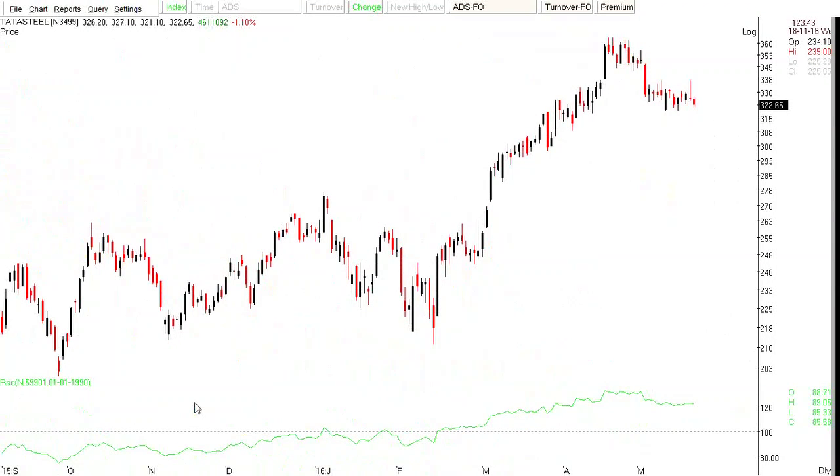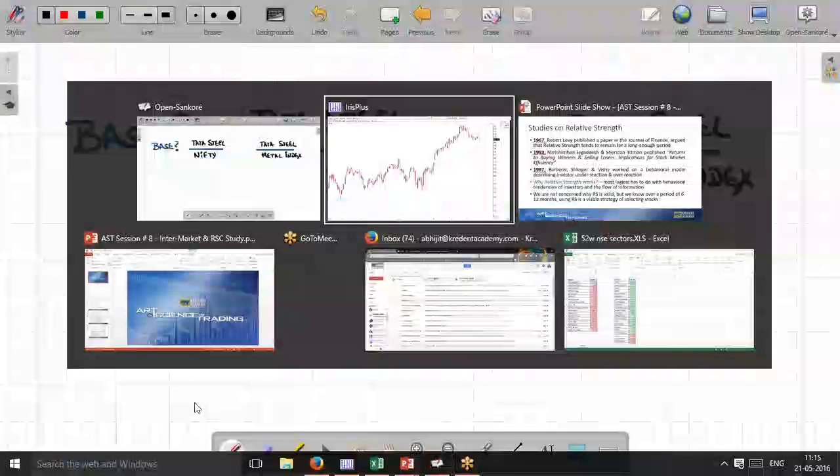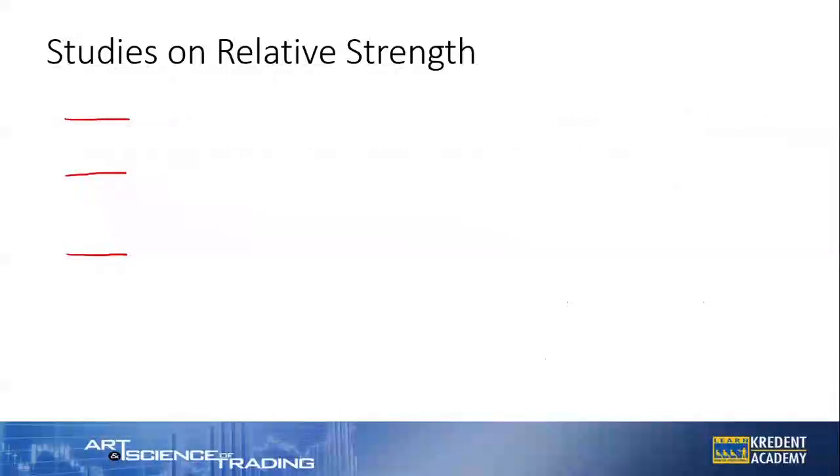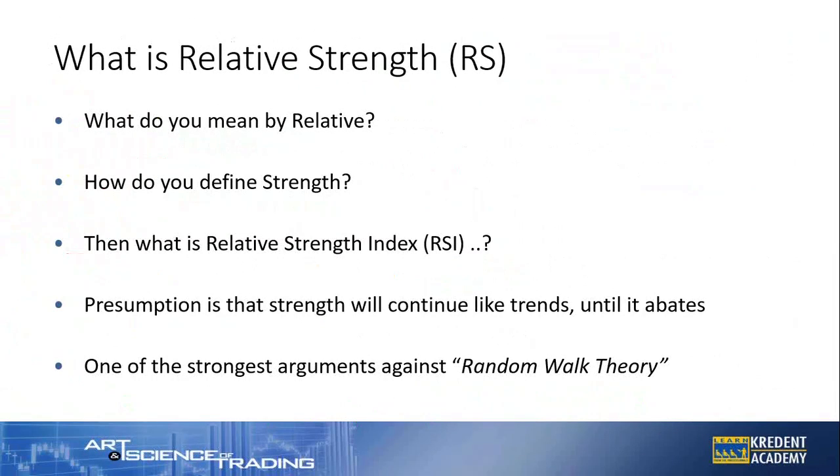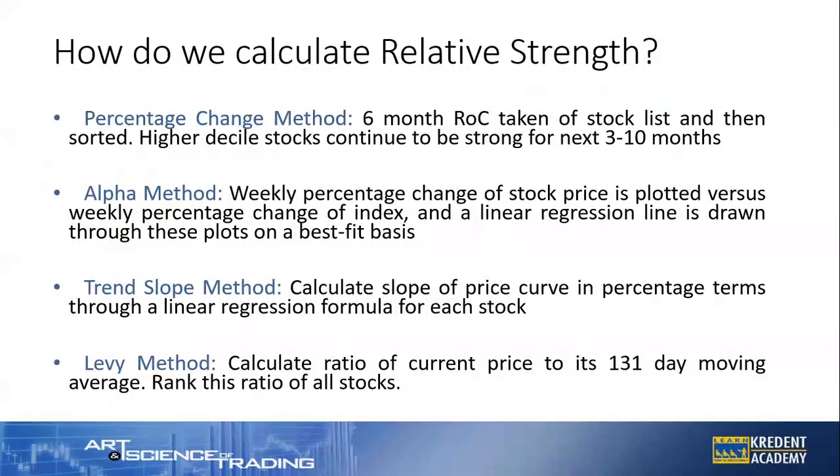Now, this is not a very good way to use the RSC indicator, because the RSC indicator has one big drawback when it comes to its computation. There are various ways, which I'll show you in this slide, in which the relative strength can be computed.